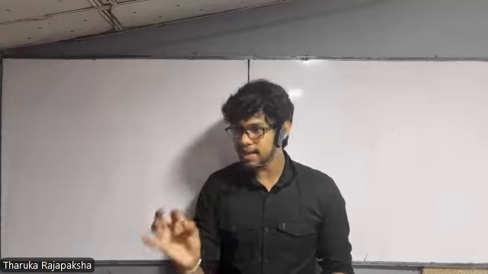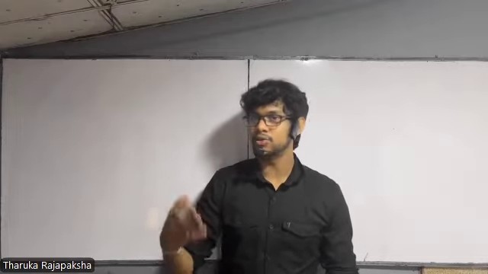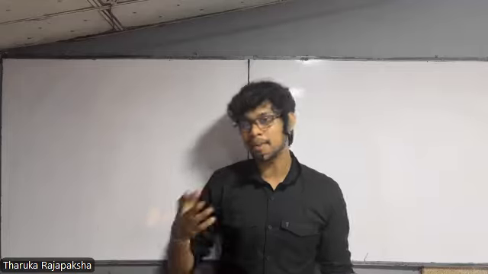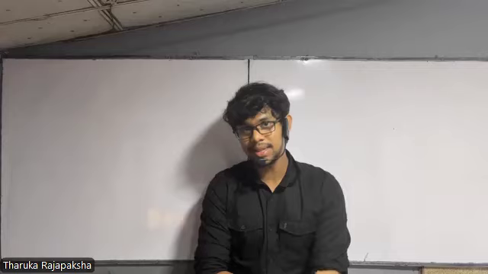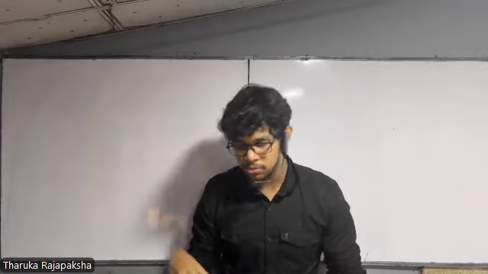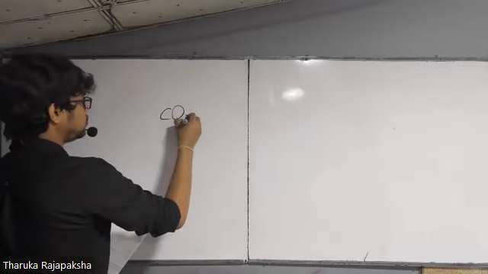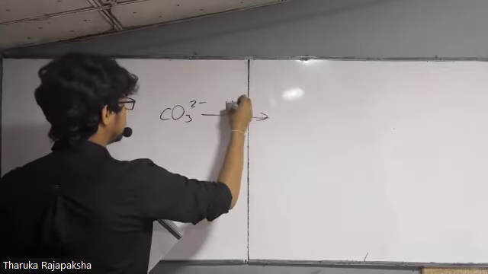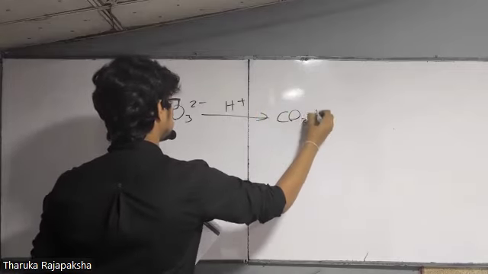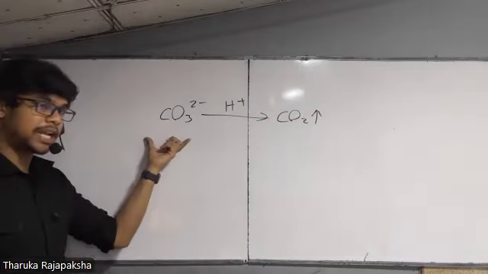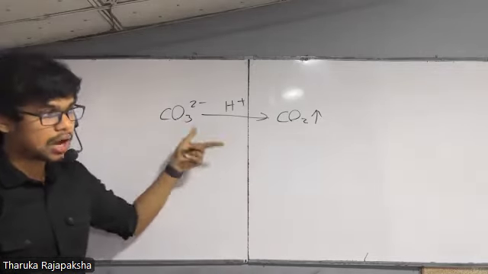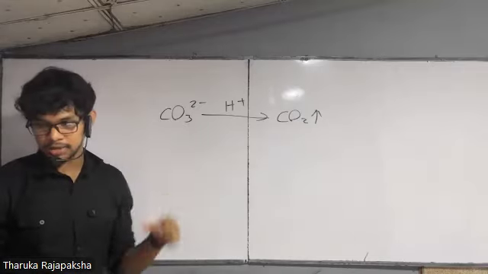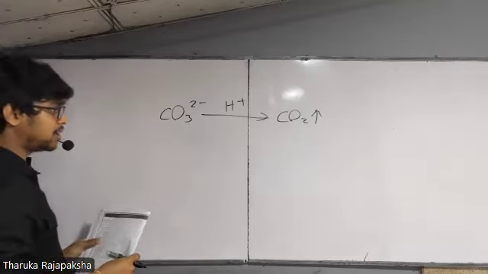Anion analysis. When dilute acid is added, dilute HCl or dilute H2SO4, it can be concentrated also, no issues. When you add acid to a carbonate, it will liberate carbon dioxide.